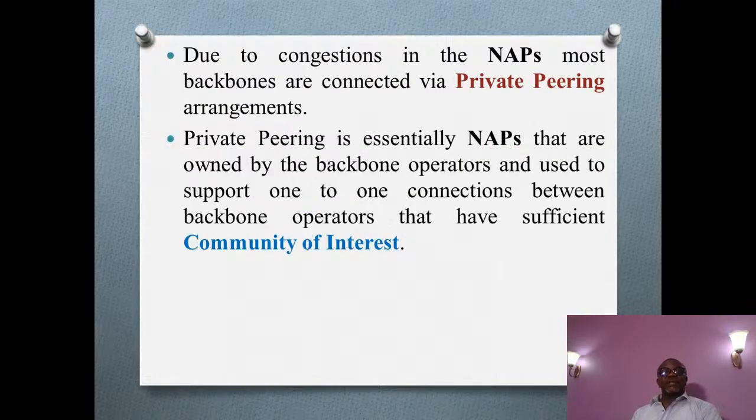So we say due to congestions in the network access points, most backbones are connected via private peering arrangements. Private peering is essentially network access points that are owned by the backbone operators and used to support one-to-one connections between backbone operators that have sufficient community of interest.